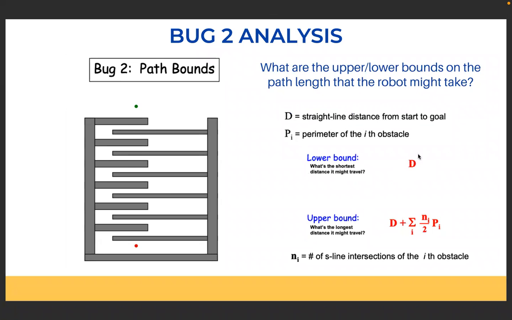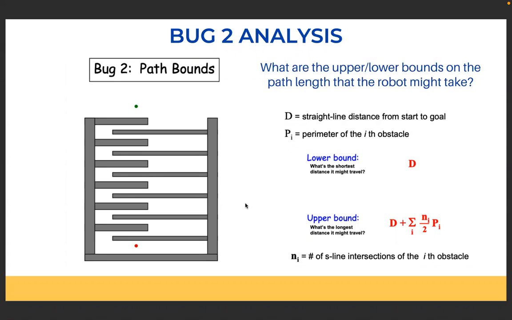So here it's capital D, the lower bound, and the upper bound in this case is basically D plus pi by 2. The pi by 2 is because once you hit an obstacle, at max you have to travel half the perimeter of that obstacle to reach the M line. And Ni is basically how many times that particular line intersects that obstacle.